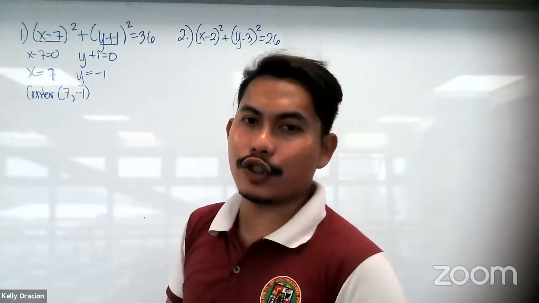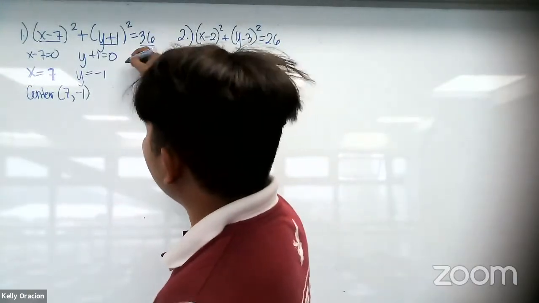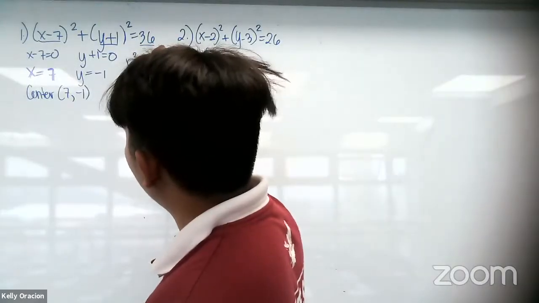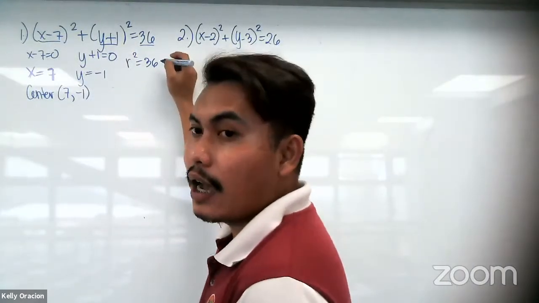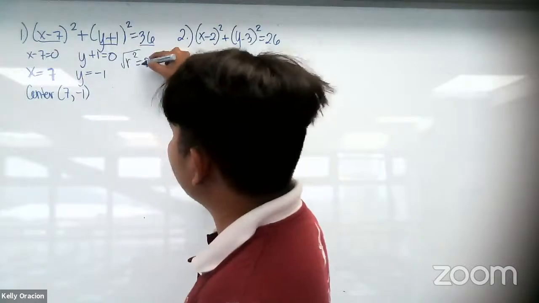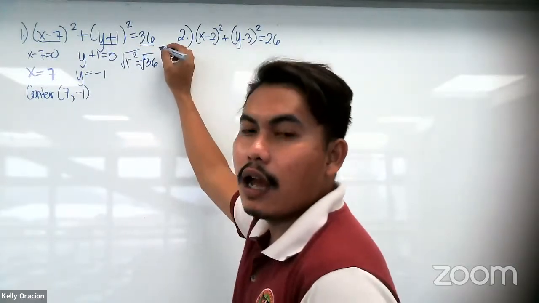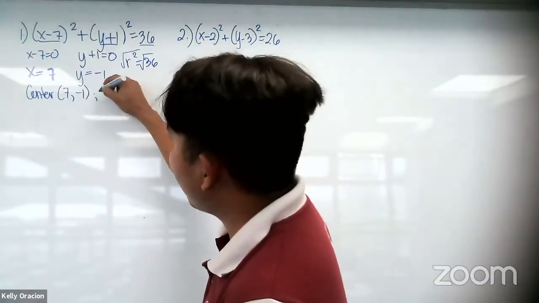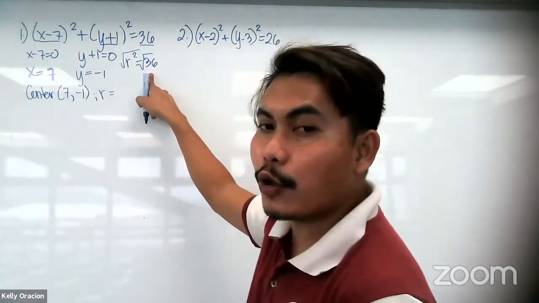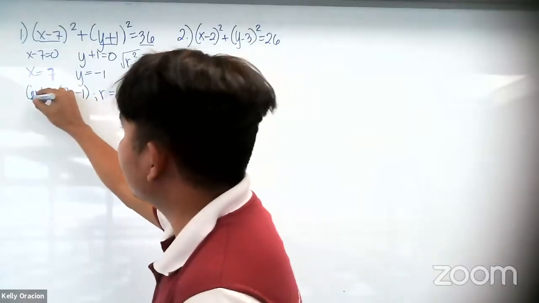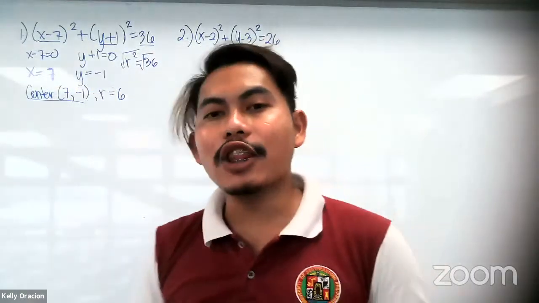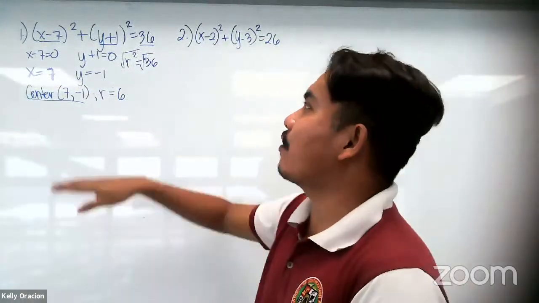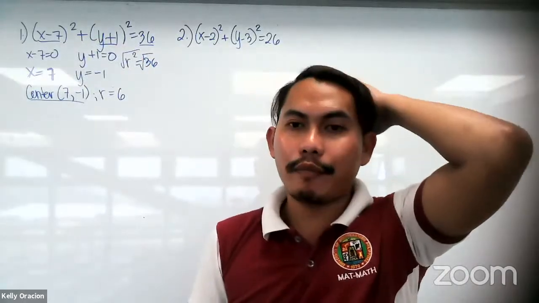How about your radius? This one, r squared is equal to 36. Extract the square root. The square root of r squared is r. The square root of 36 is 6. So this is the center and the radius of the given standard form.